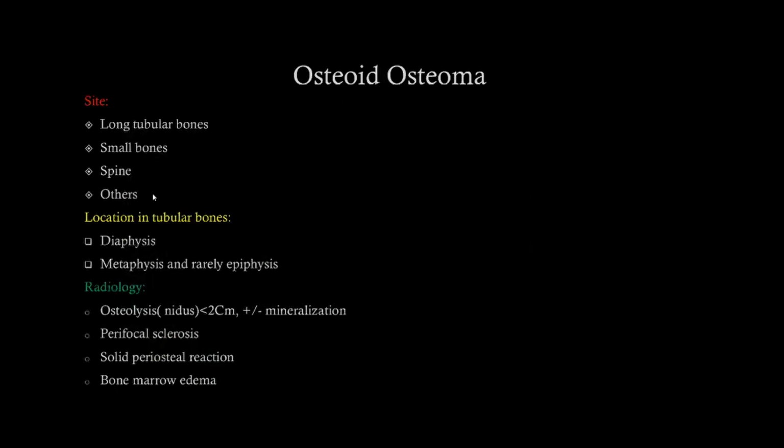It can present in long bone or the small bone or even the spine, diaphysis and the metaphysis. It can show osteolysis, the nidus is less than 2 centimeter, which can mineralize with time, perifocal sclerosis, solid periosteal reaction, and bone marrow edema.